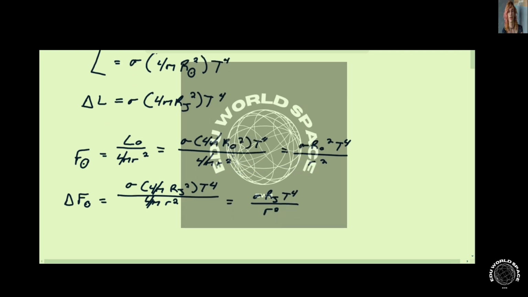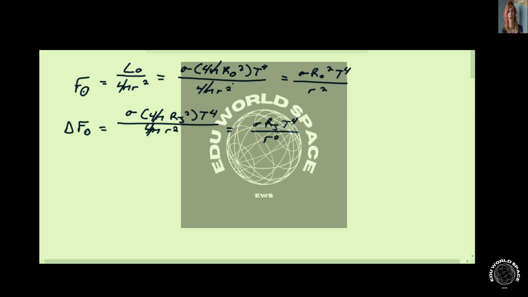Okay, so now we're going to actually set these up. We put delta F naught over F naught here. That F naught is going to be here, squared T to the 4th over r squared.